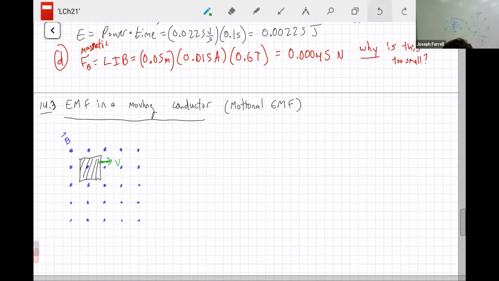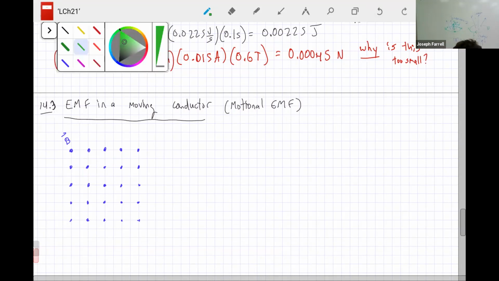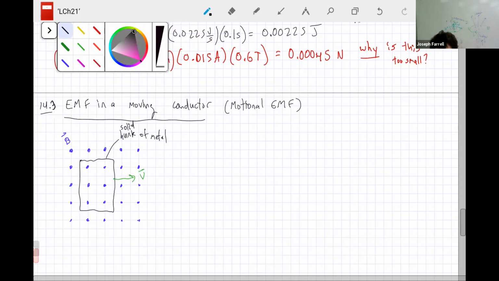Actually, let me make that a little bigger. Okay, so let's give it a velocity. And so this is just a solid hunk of metal. So what's going to happen here?